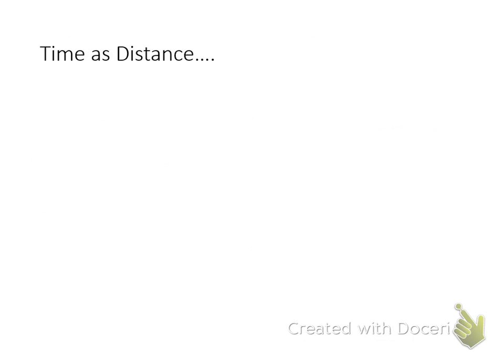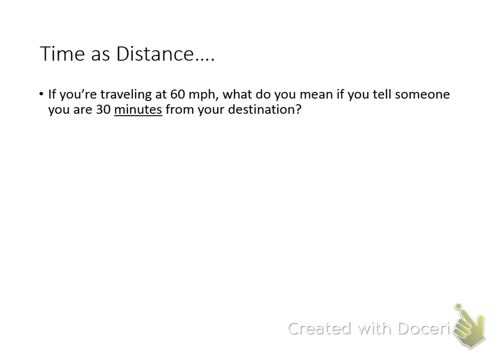So, time as a distance. You don't have this slide either, but just bear with me. You'll do fine here. We use time as a distance all the time. For instance, let's say you have a car that goes 60 miles per hour. That's like 1 mile a minute.